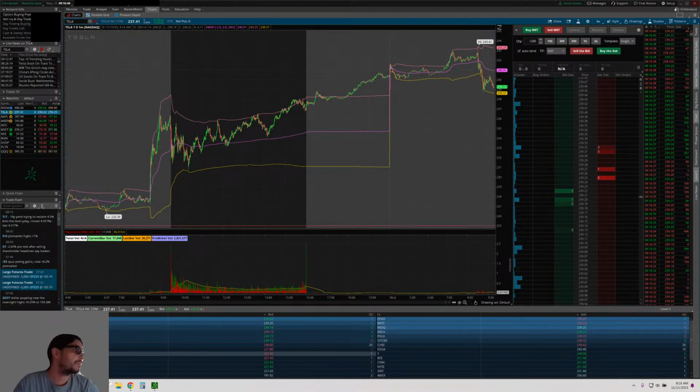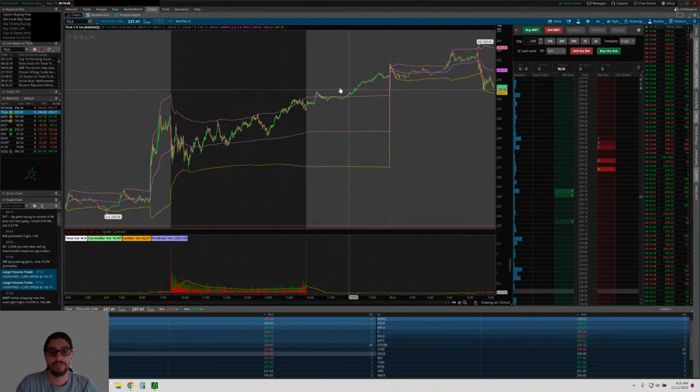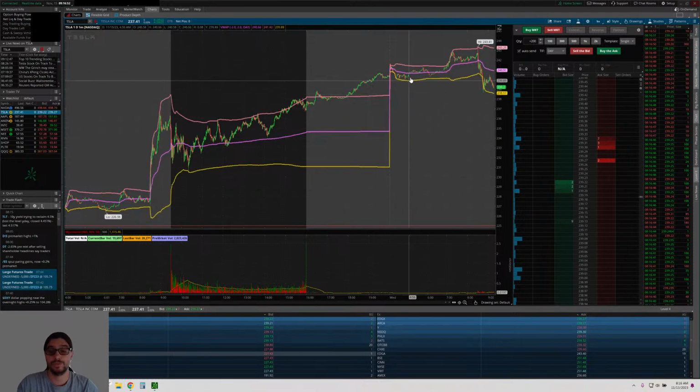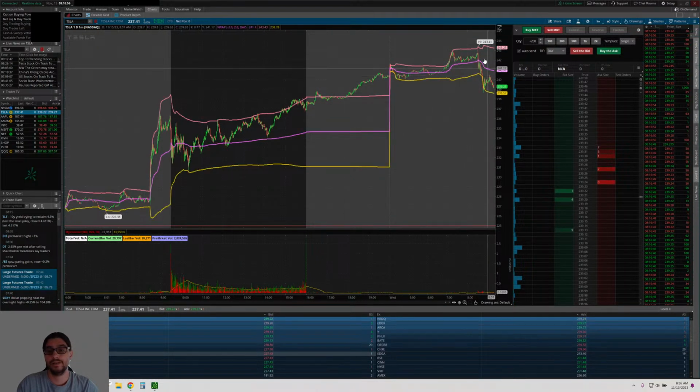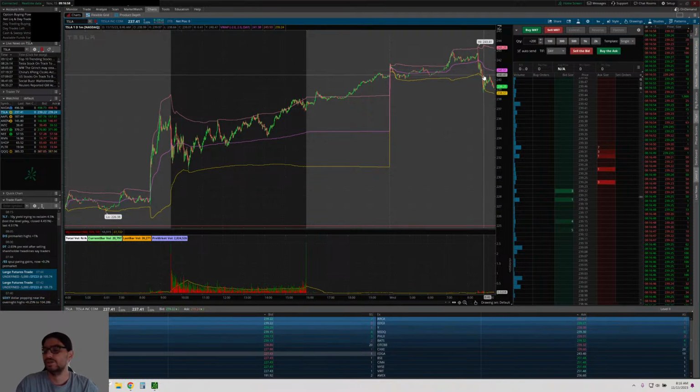I kind of wish I grabbed that option, but I was being safer than sorry. But boy, oh boy, it definitely climbed up, and it climbed up real good in post-market, late post-market, and then another good climb pre-market. A little bit of a dip right here. So kind of interesting to see what's going to happen here.